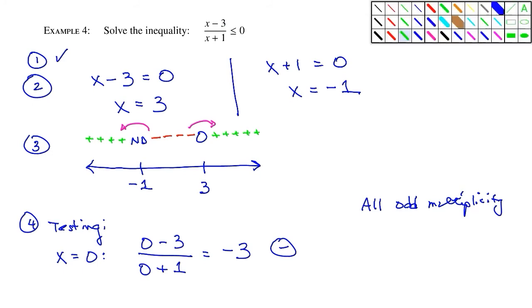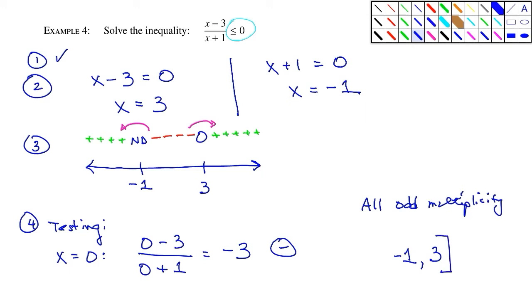And now we can solve the question. It said, where was it less than or equal to 0? So less than or equal to 0 is negative, and it includes the zeros. So the numbers on the number line are negative 1 and 3. And it was 0 at x equals 3. So the right side gets a bracket.